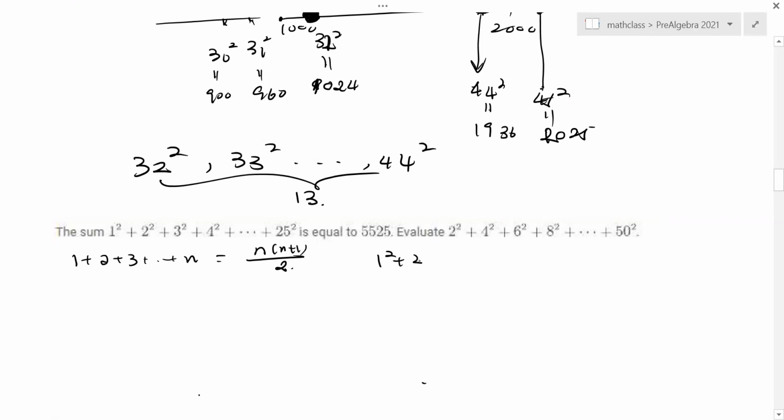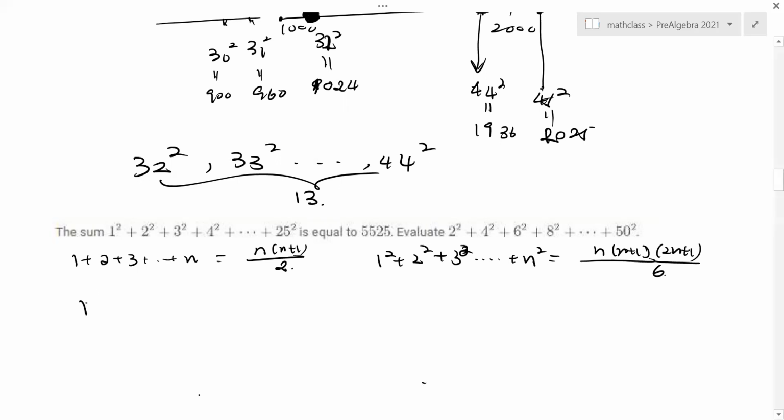Another one is 1 squared plus 2 squared plus 3 squared up to n squared, which is n times n plus 1 times 2n plus 1, divided by 6. It's pretty strange. Those are the two formulas. The second formula is not easy to prove, I just gave it. But the first formula, you should know how to prove it.